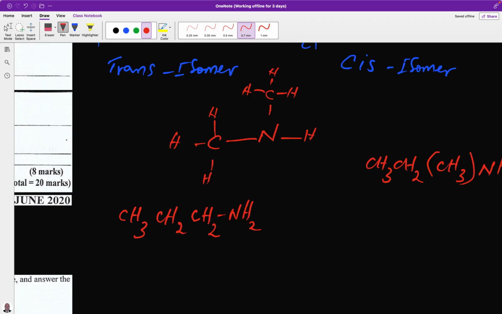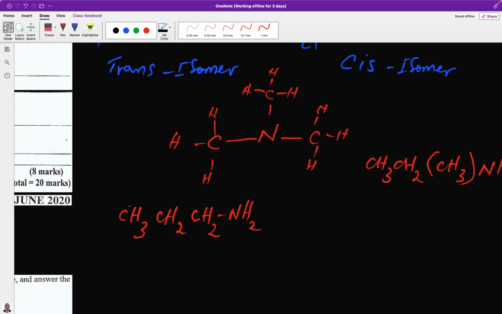Now we want to substitute this other hydrogen here with a methyl group. There will be a carbon, hydrogen, hydrogen, and another hydrogen.